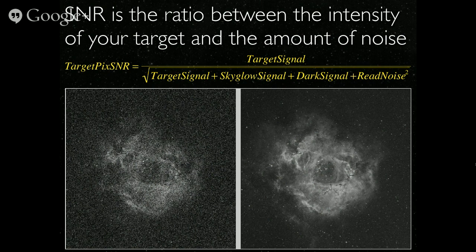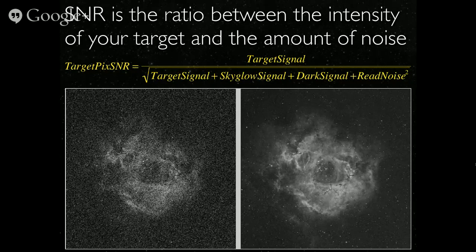It won't be exactly doubling it because that target signal has its own noise component with it. But let's do an easier one here. If my target signal goes up by a factor of 4, well, the noise component from that target signal is going to go up by the square root of 4, or by 2.